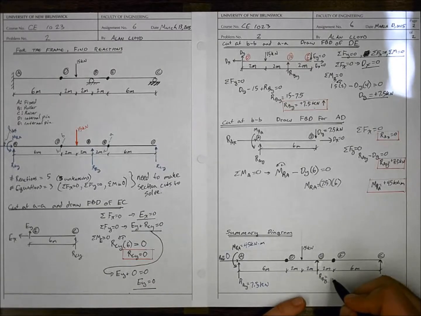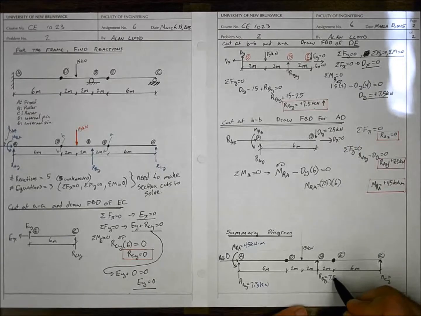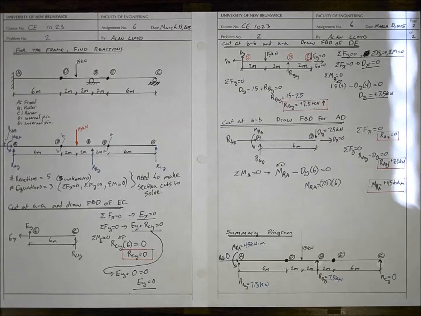Our BY we also found to be 7.5. And our CY we found to be 0. So at that point, we've found all the reactions for this frame. We had to take section cuts in order to do it because there were more unknowns, more reactions, than there were equations of global equilibrium.